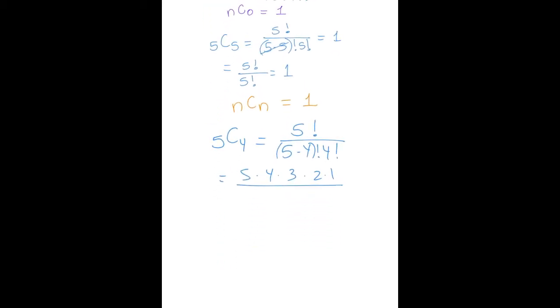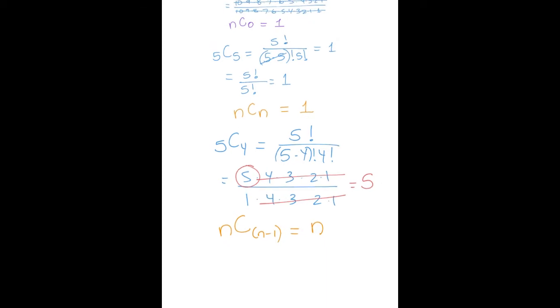In the denominator, we have 5 minus 4 factorial, so 1 factorial, times 4, 3, 2, 1, which is 4 factorial. So let's once again cancel all our like terms, and what we end up with is just 5. So the rule this generates is the number of trials n, combination n minus 1, would be equal to n.